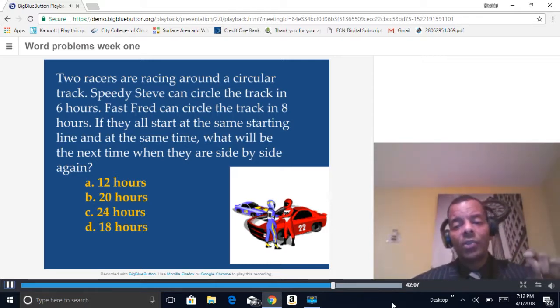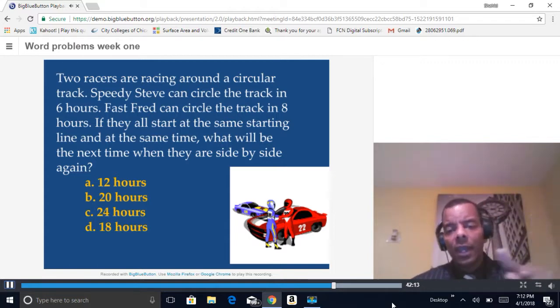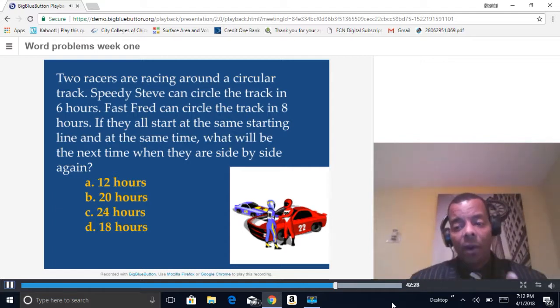I want you to imagine that Speedy Steve can circle the track in 6 hours, Fast Freddy in 8 hours. You got it? If they both start at the same starting line and at the same time and move out, what will be the next time in hours that they are side by side again?